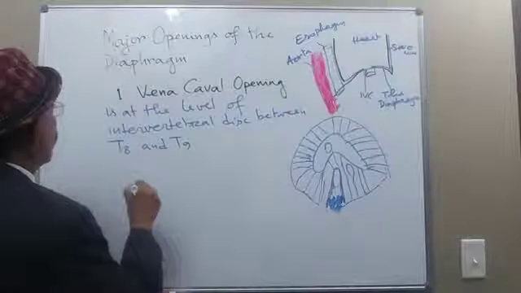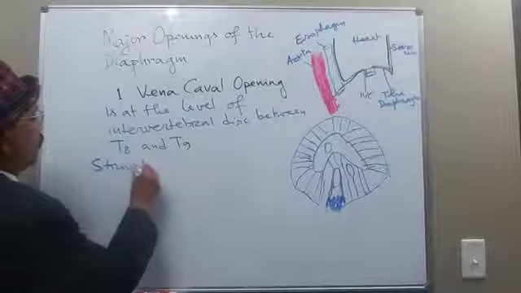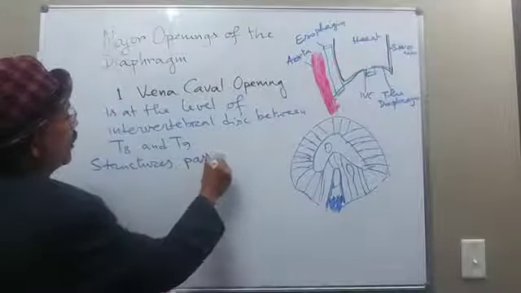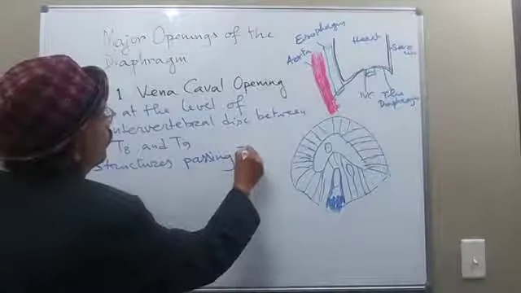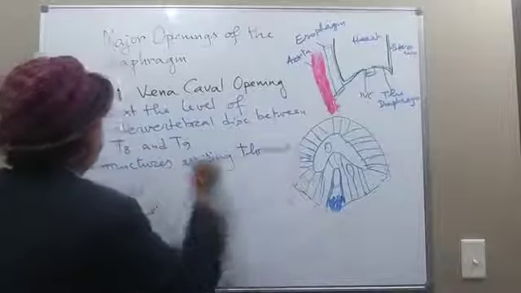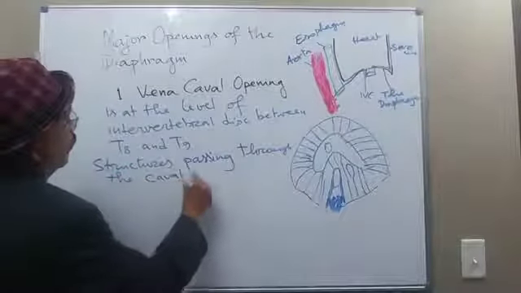So what structures pass through the vena caval opening?